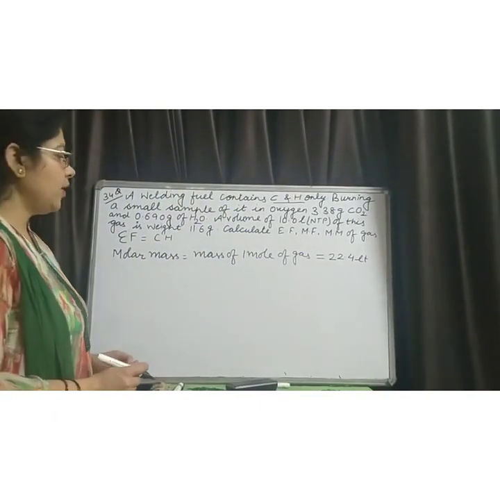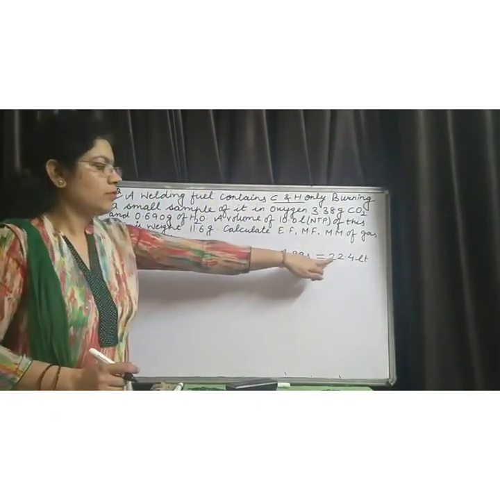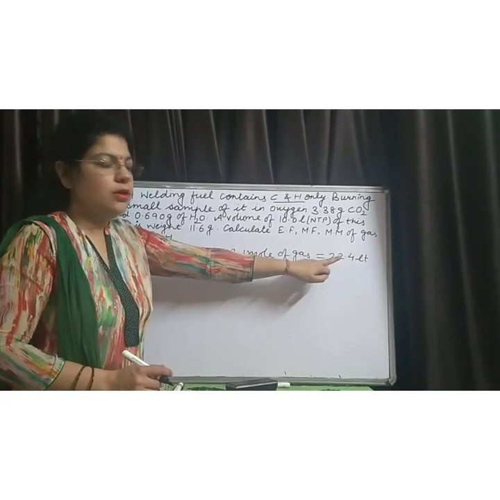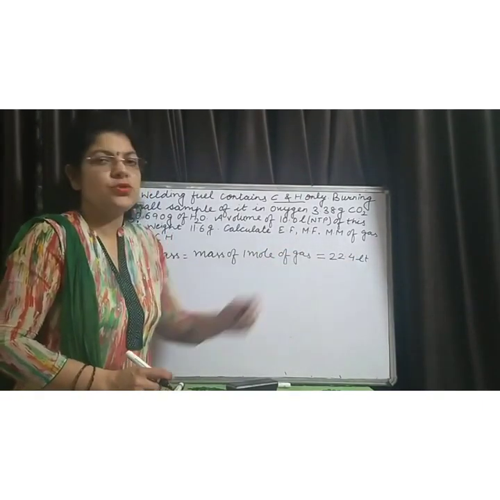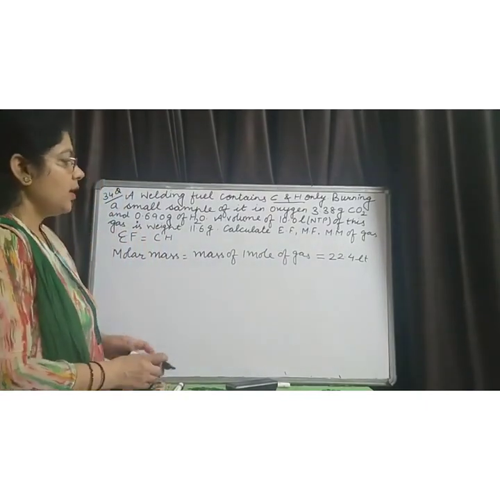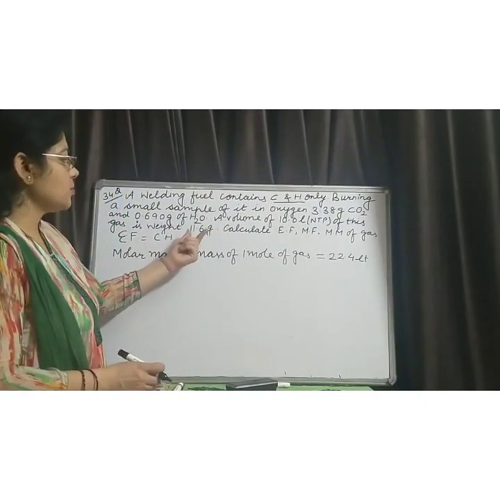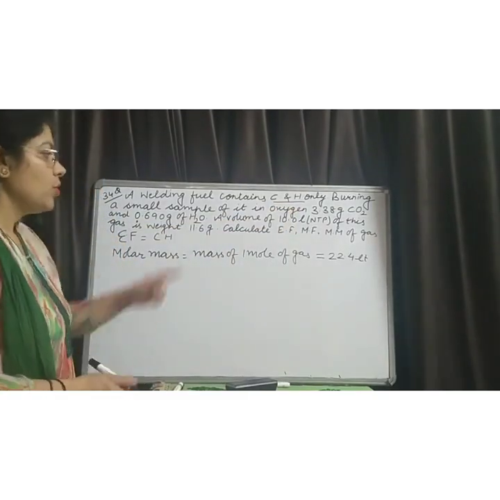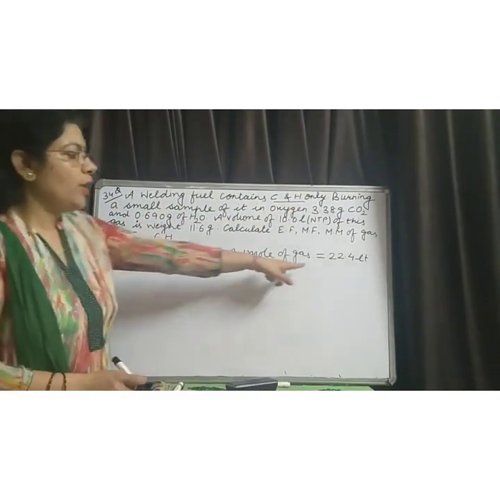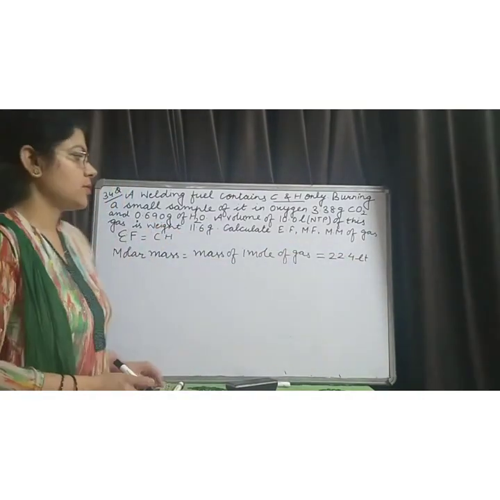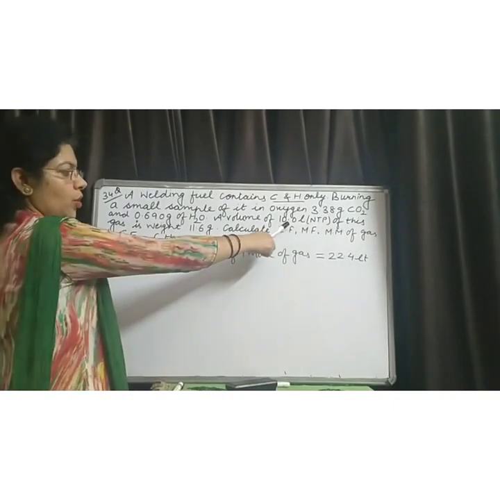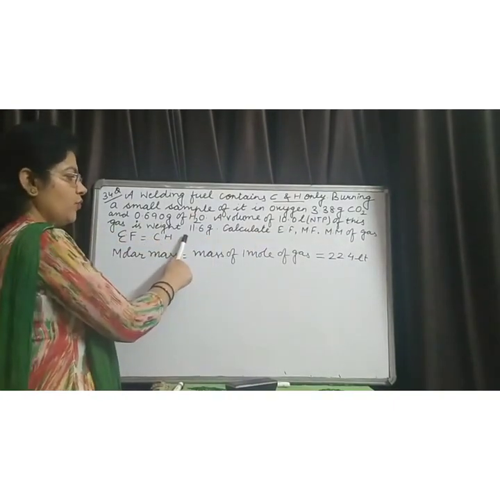We have already known that the volume of 1 mole of gas is 22.4 liter. In this question, the mass of 10 liter of this gas is given to you. So solve this for 22.4 liters. In this question, volume is given to you and you have to find the mass.